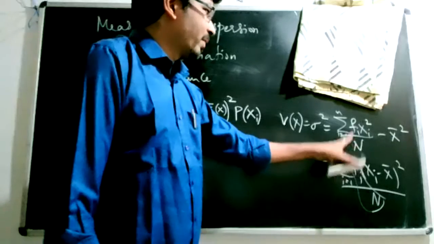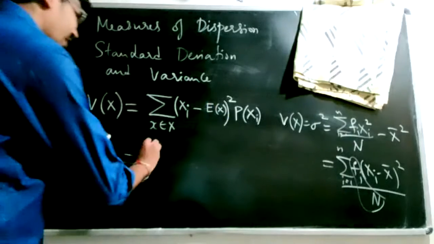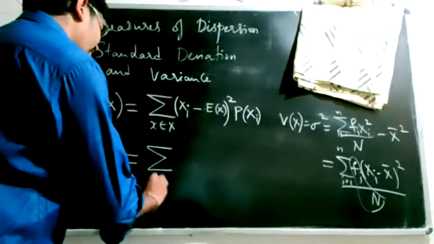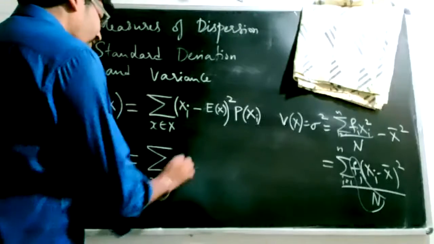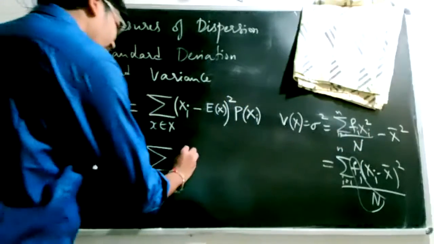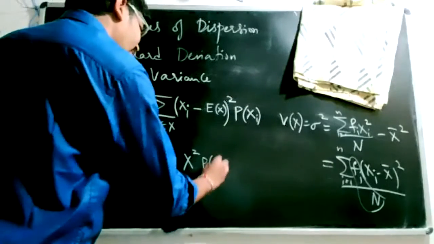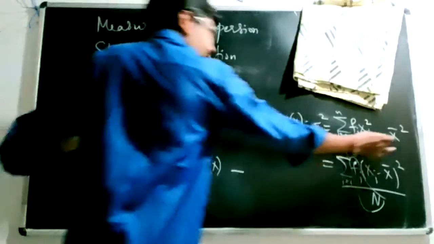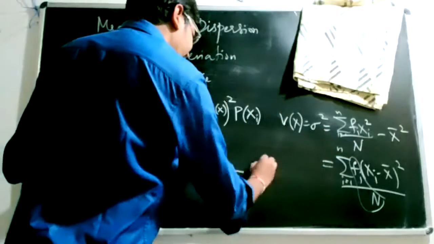Recording problem will happen. So this fi by n becomes p. So you can say this as summation over all x, your f by n into x square. So you're talking about x square into its probability minus x bar whole square, and in this case x bar is nothing but e of x.